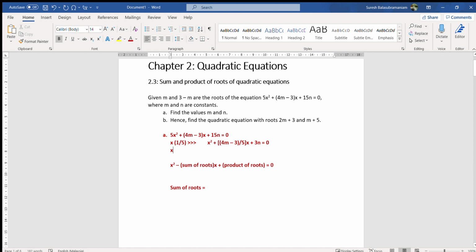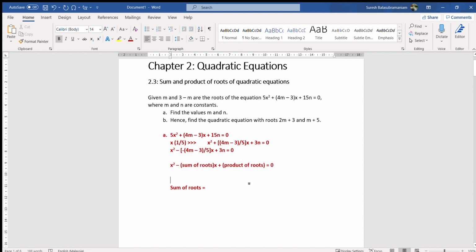I'll get x squared minus, and inside the bracket I need another negative, (negative (4m minus 3) over 5) x plus 3n equals 0. Now it follows this order.